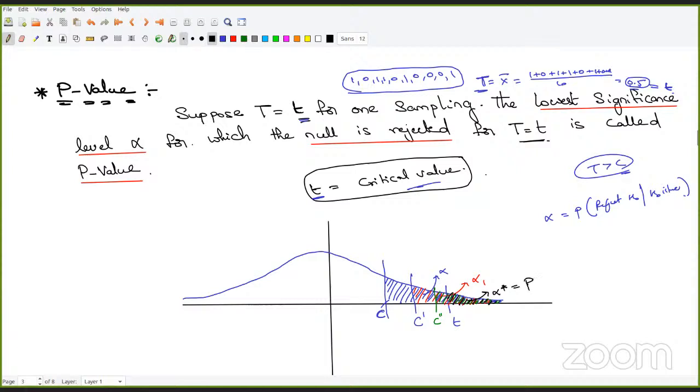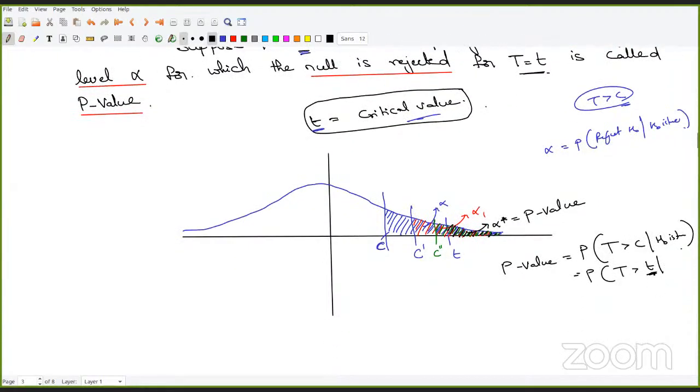The p-value is the probability that T is greater than c given H naught is true, where you replace c with small t, whose value you know. When you see the samples, you can compute the small t. So this is known now, and if this is known, you can compute the p-value.